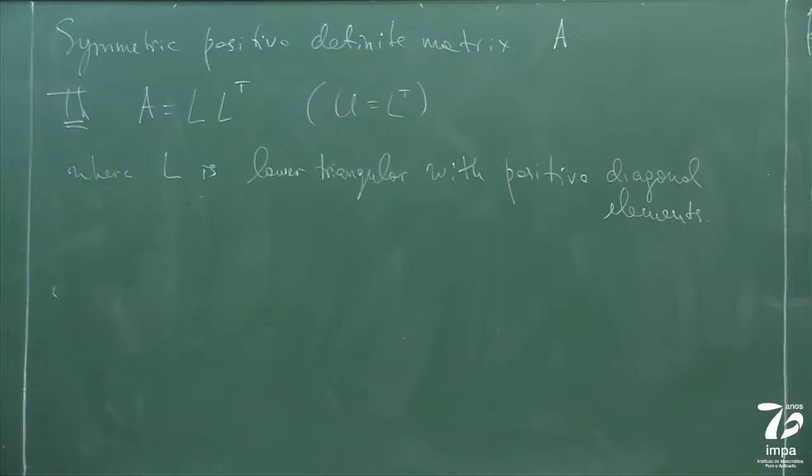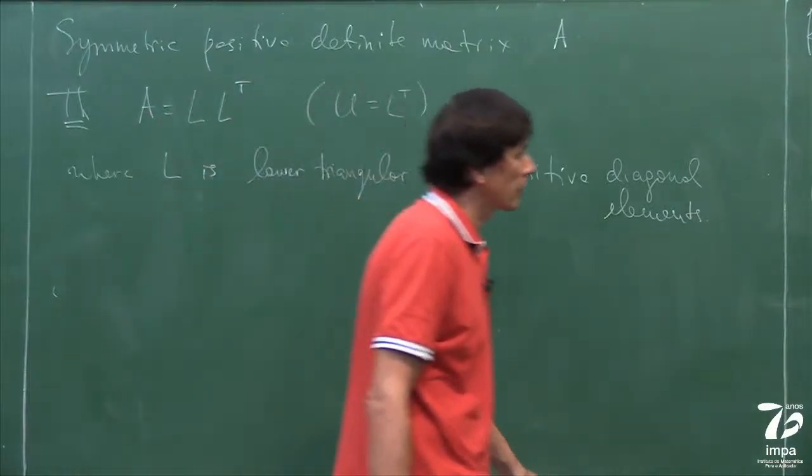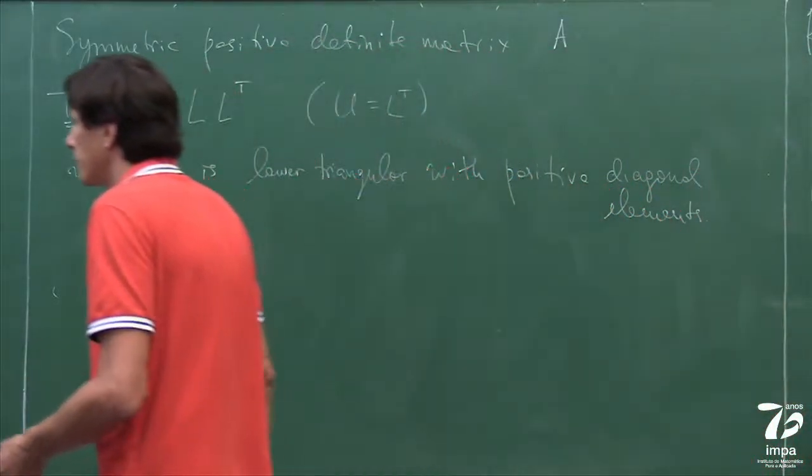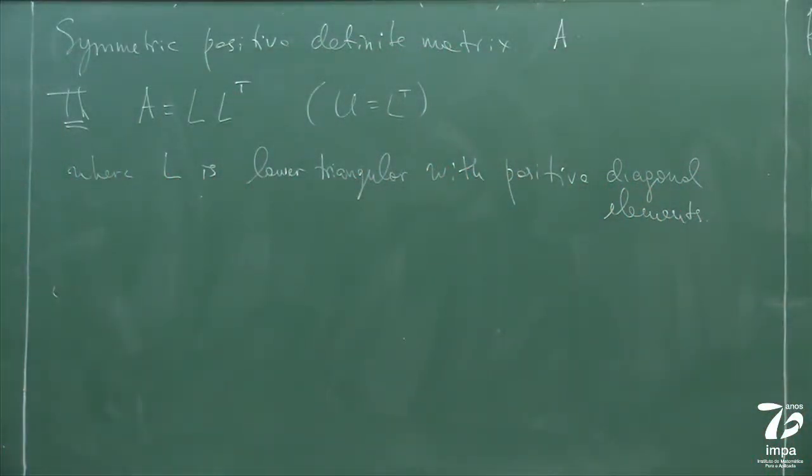Usually symmetric or Hermitian matrices, and even more so symmetric or Hermitian positive definite matrices, are much better behaved than general matrices. So this is a particular example. You see the LU decomposition becomes just L L^T, so you don't need U. You can find L such that it already gives you the complete decomposition.